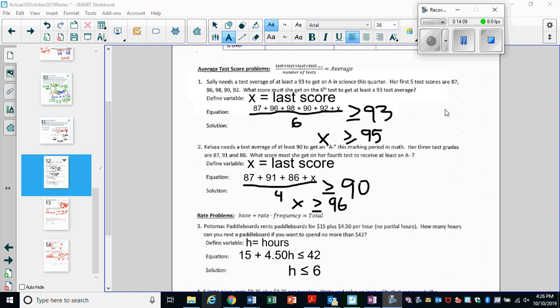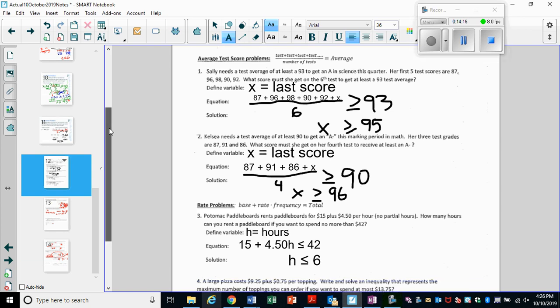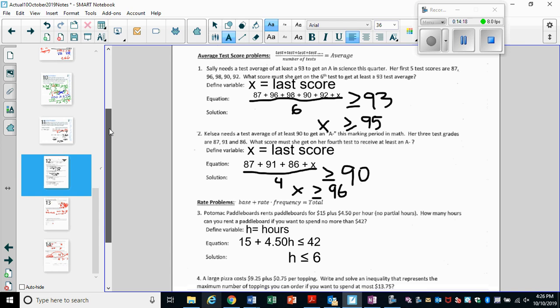These 4 problems, just wanted to go over with everybody one more time. We already did these in class, so if you didn't get them checked off, basically here's the rundown. The first 2, you're trying to figure out the last score.